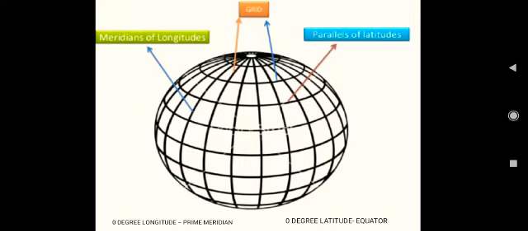These parallels of latitude and meridians of longitude together form a grid-like pattern. 0-degree latitude is called the equator, whereas 0-degree longitude is called the prime meridian.